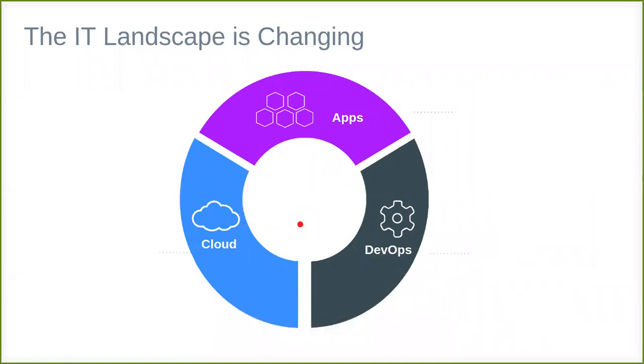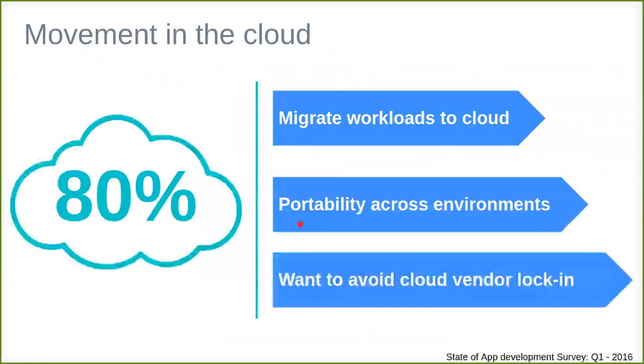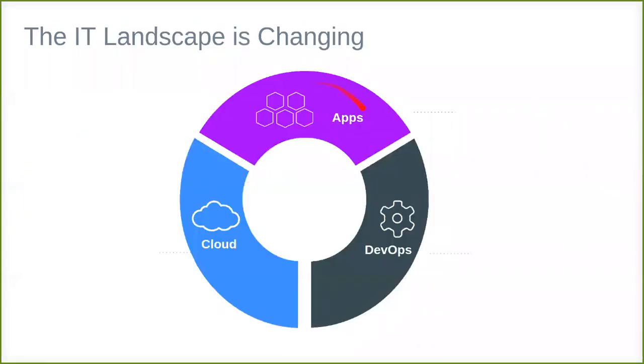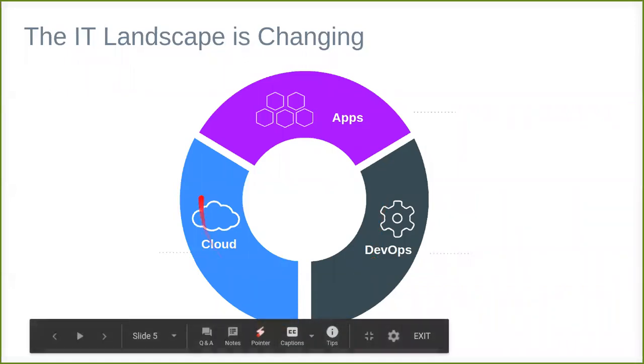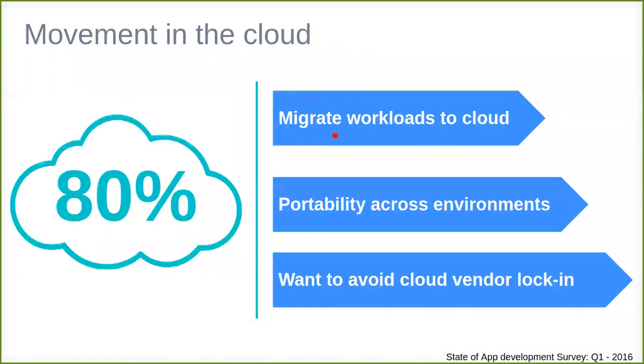Let me just go to the next slide and tell you everything we are doing in our development. We have to migrate the load to the cloud. The whole structure, the whole life cycle of our app, looks like this. Then the whole thing has to be migrated to a cloud. So portability of the environment is in demand.